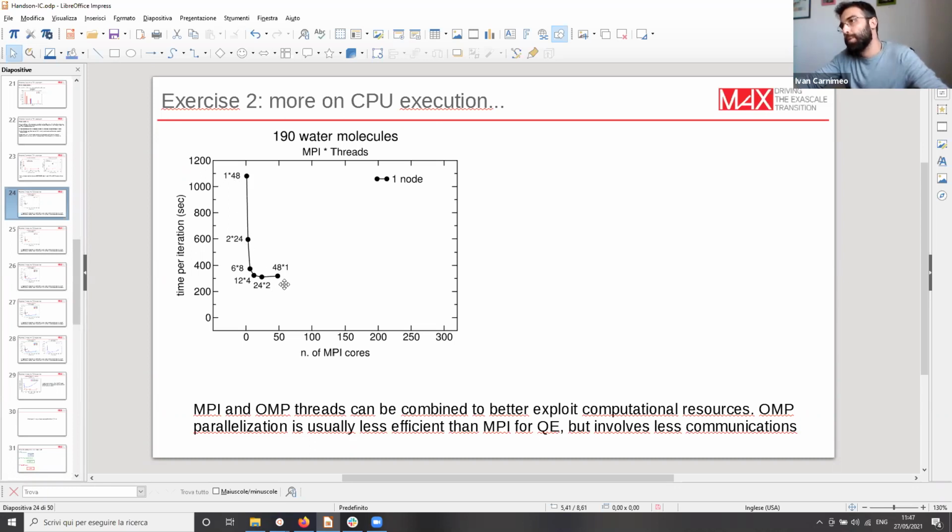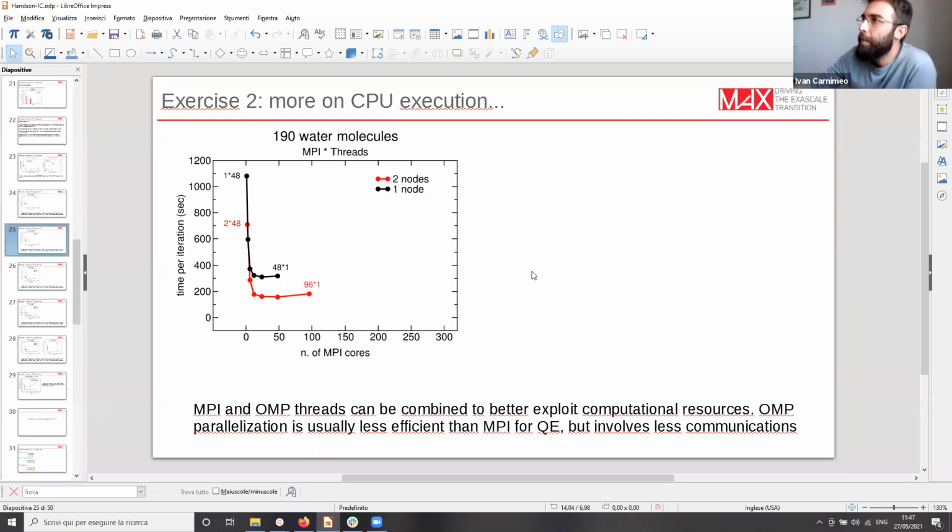On the rightmost part of the curve, I have 48 MPI processes, one thread. And in the middle, I have different portions. All these calculations have been done using the same number of total cores, 48. But here I'm mostly using OpenMP, whereas here I'm mostly using MPI.